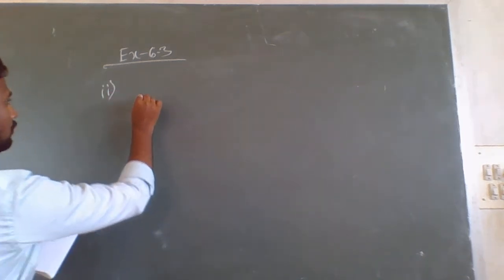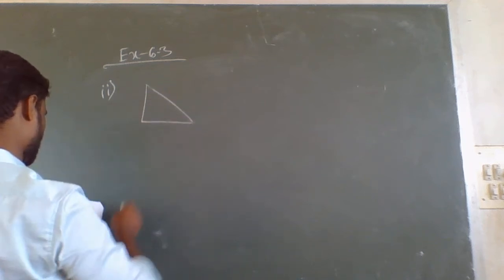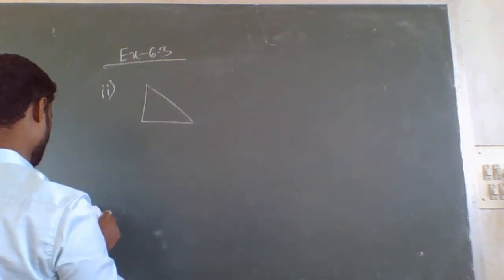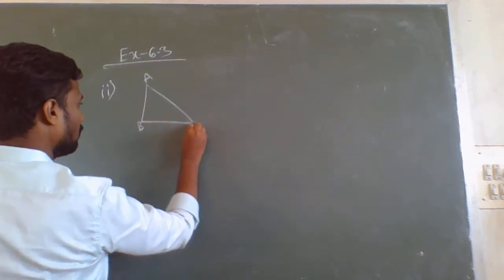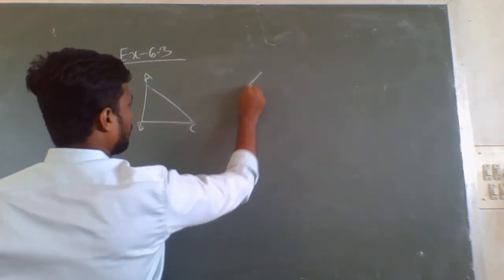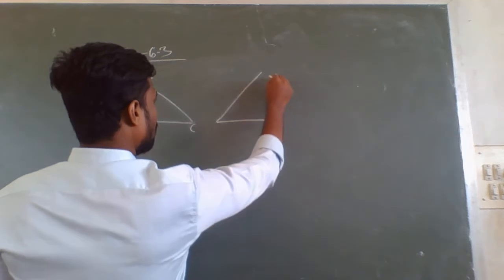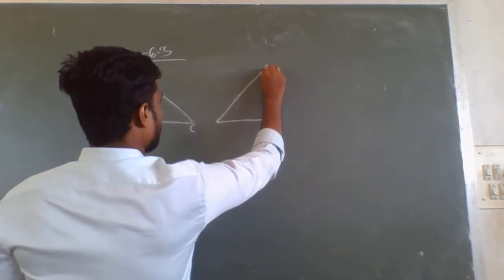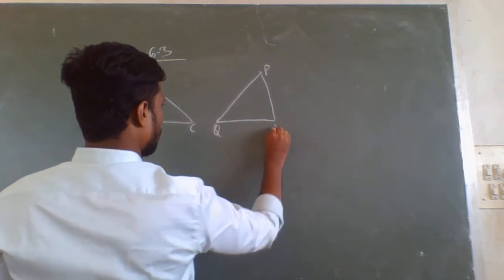Second question. This is triangle ABC, and here PQR.